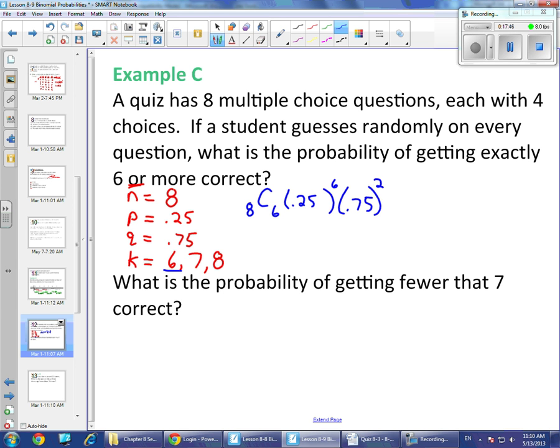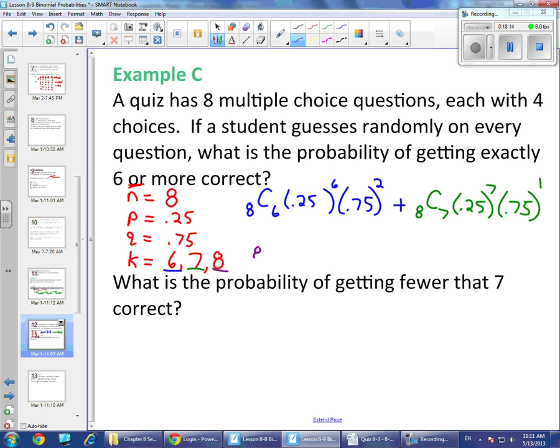And onto this, I'm going to add on the probability that we get 7 correct. So it'll be 8C7. Probability of success is 0.25, raised to the number of successes, which is 7, times the probability of failure, which is 0.75, raised to the number of failures, which is 1. And then lastly, what's the probability of getting 8 correct?